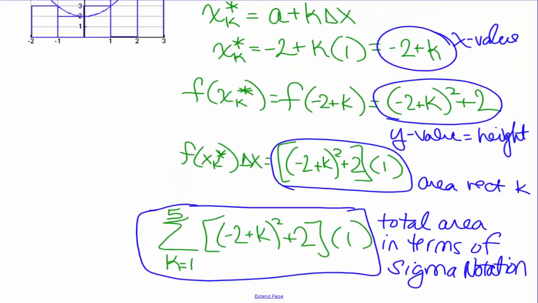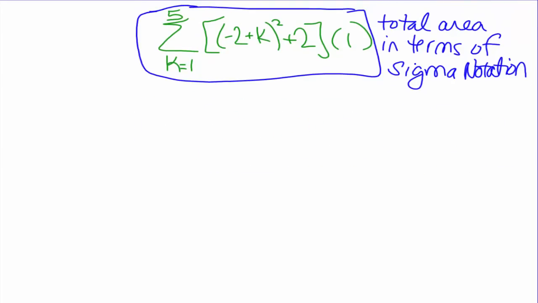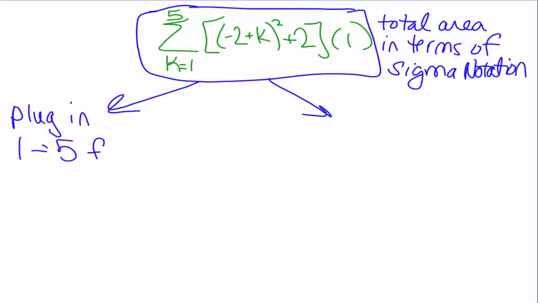All right, so if I wanted to actually get to 25 from here, what would I do? Yeah, so I got two choices. One is that I can literally plug in 1 through 5 for k. That's what we did before, right? That's what we did with the chart. So we can plug in 1 through 5 for k and add.